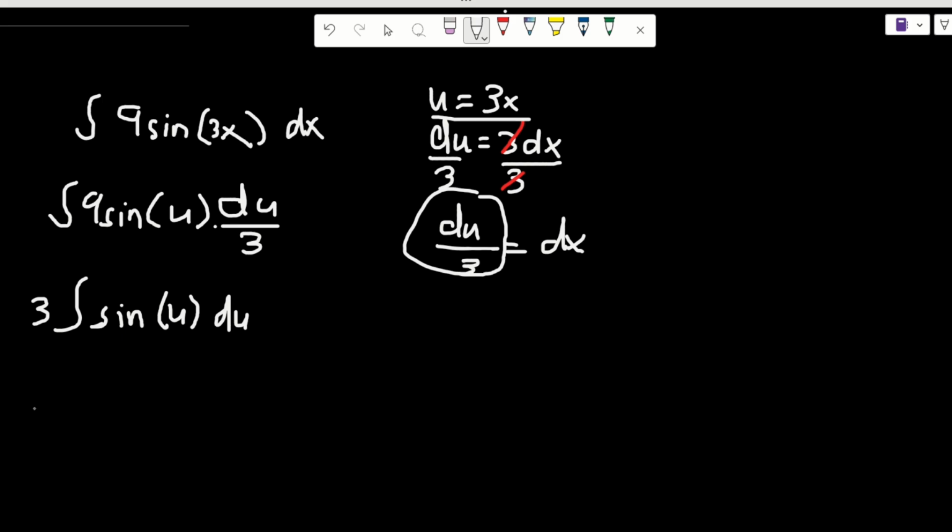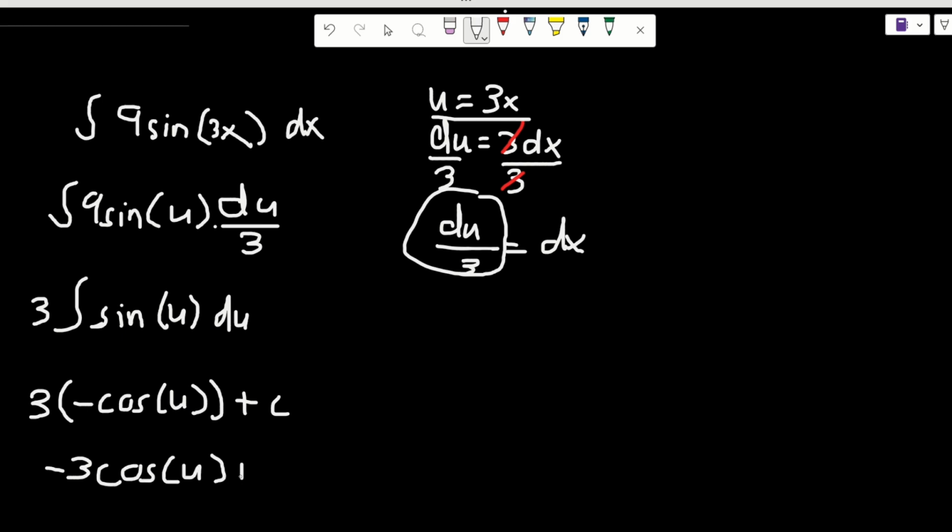The antiderivative of sine u is negative cosine u, plus c. Or we can rewrite it as negative 3 cosine u plus c.